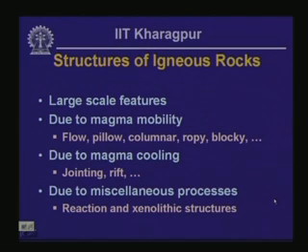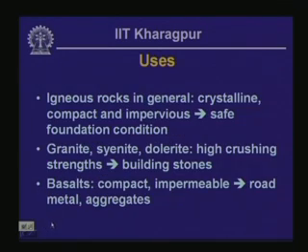For instance, there could be reaction or xenolithic structure in which a rock mass, a magma, could include pre-existing rock fragment, and that rock fragment can also partially react with the surrounding magma as the rock forming process continues. So here what we are looking at are large scale features of the rock mass, unlike texture where we were concerned with microscopic features. Now, we look at the uses of igneous rock.